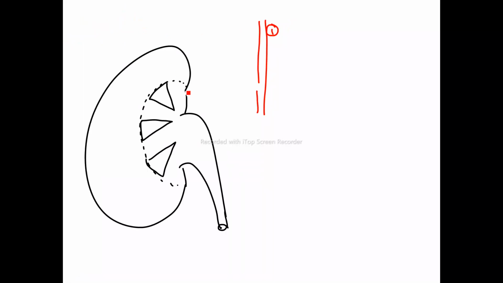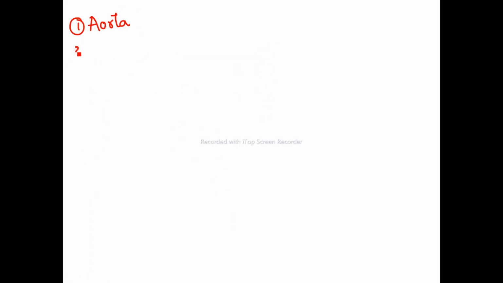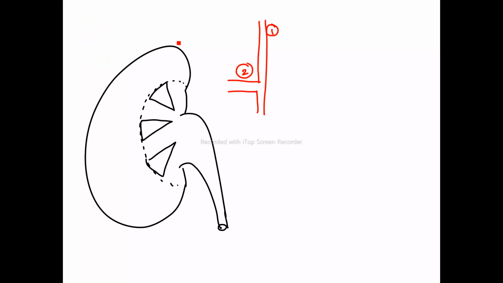The first blood vessel will be aorta. Next, from the aorta will be arising our renal artery, that is blood vessel number 2. Next, this renal artery will be dividing into two branches.